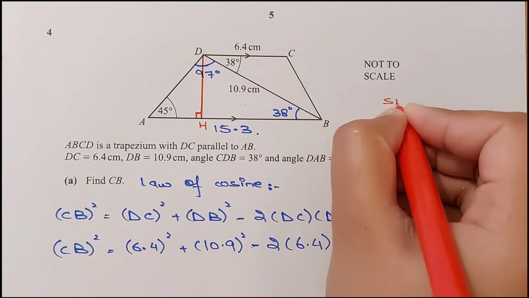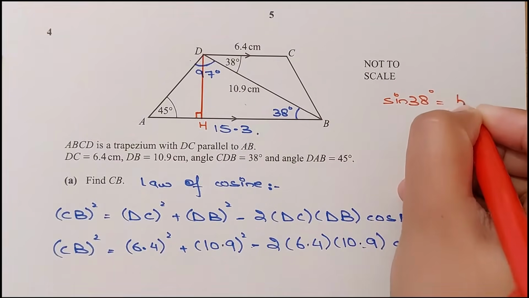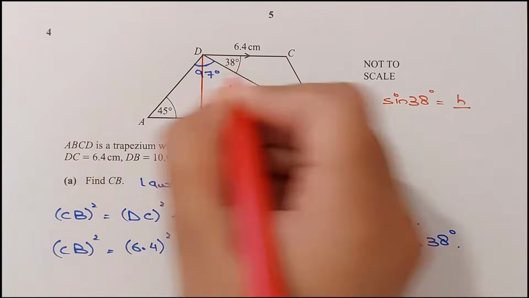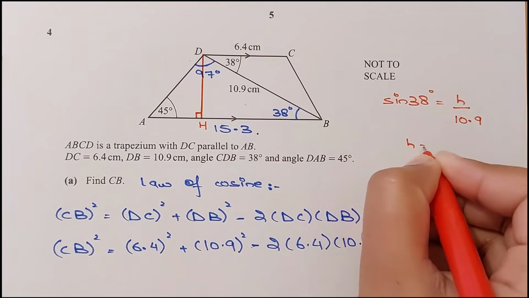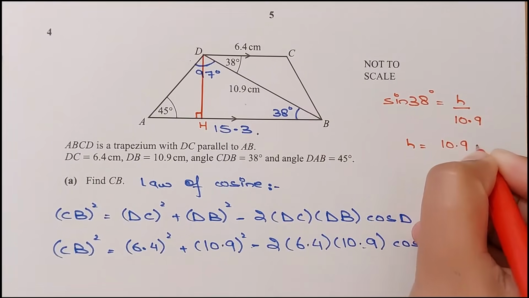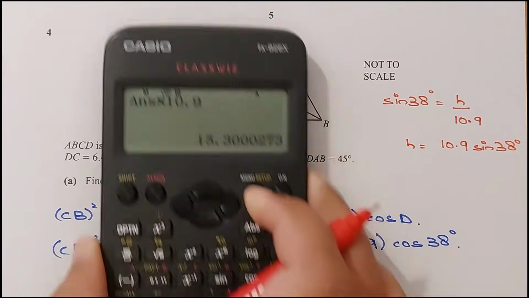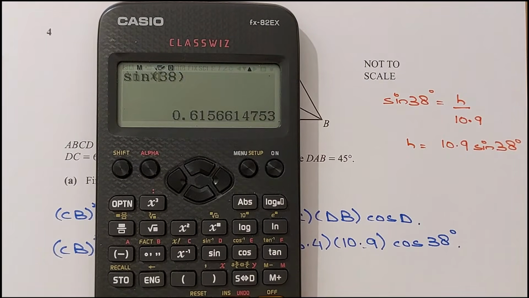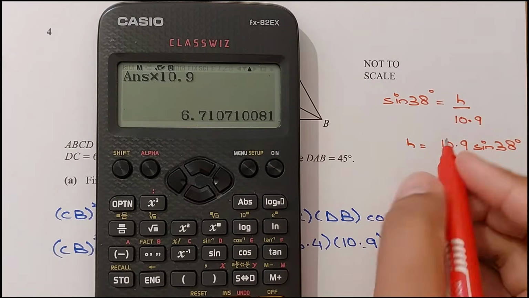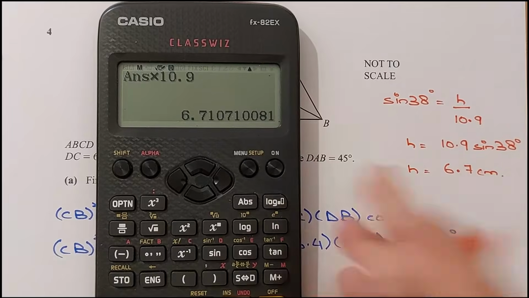So we use sine. Sine of 38 degrees is the opposite side, the height of the trapezium, and the hypotenuse is 10.9. So the height of the trapezium is 10.9 times sine 38 degrees. Let me calculate it. Sine 38 and times 10.9. This height is 6.7 centimeter, right?